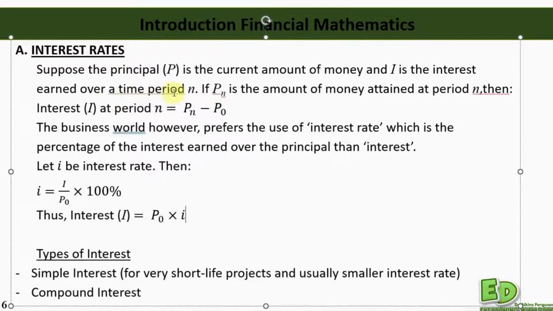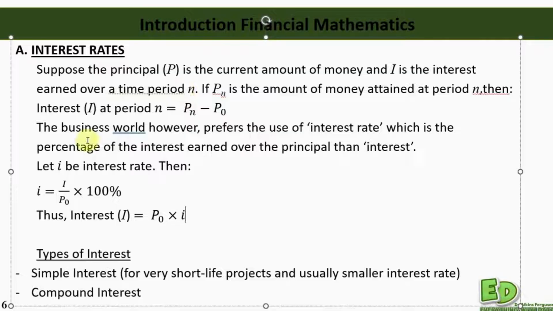So suppose the principal, that is P, is the current amount of money and i is the interest rate, and over a time period, N is the number of years. If Pn is the amount of money attained at period N, then the interest at period N is the amount of money attained at period N minus the initial amount.